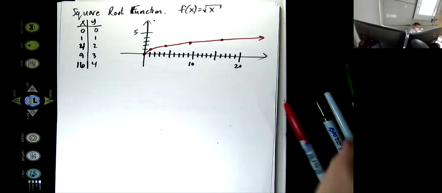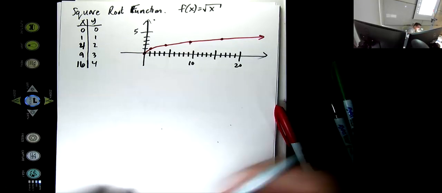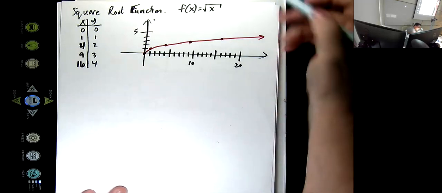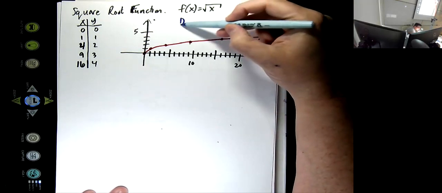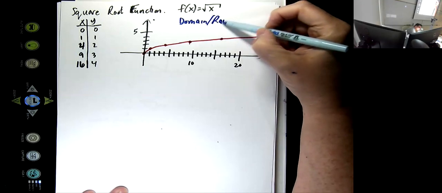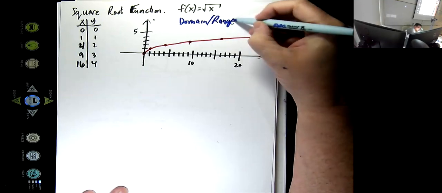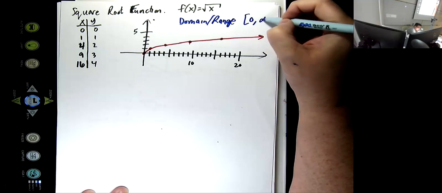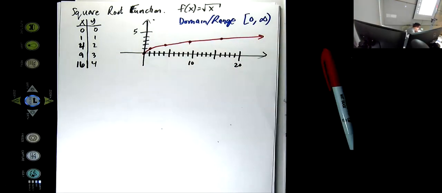All right, so the domain and range for this graph are both 0 in bracket to infinity. There's no negatives for any of them.